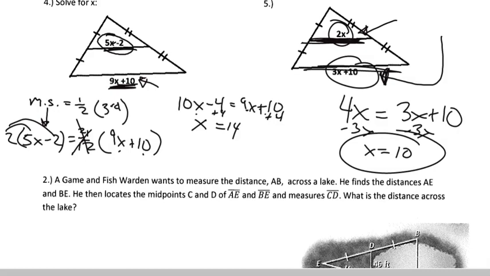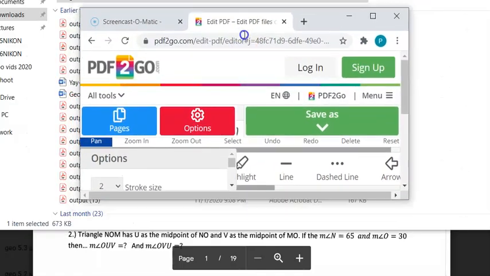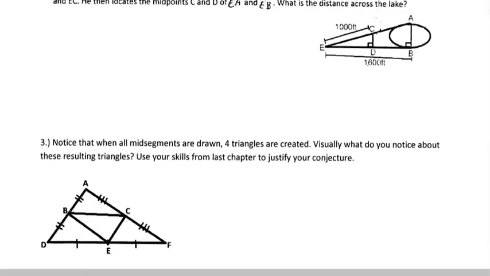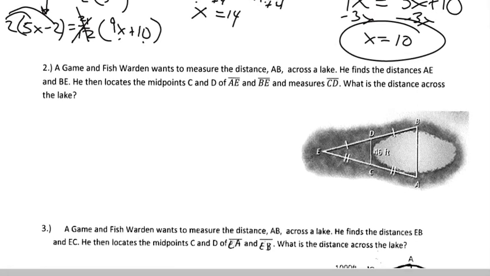All right, let's keep on cranking. Now a real world example of how we would use this. Let's say that a person was trying to measure across a lake. They didn't want to have to get a string and row the boat across the lake. What they could do is make a triangle.